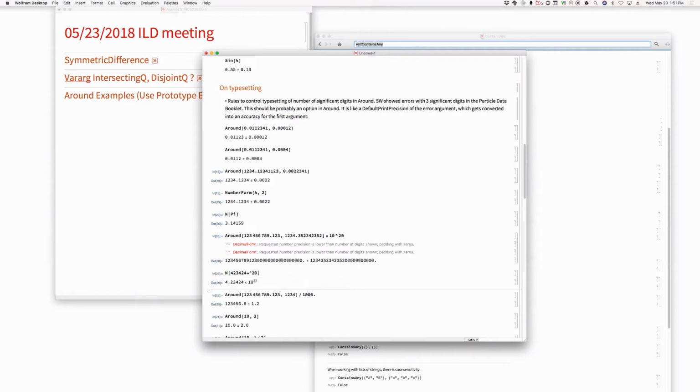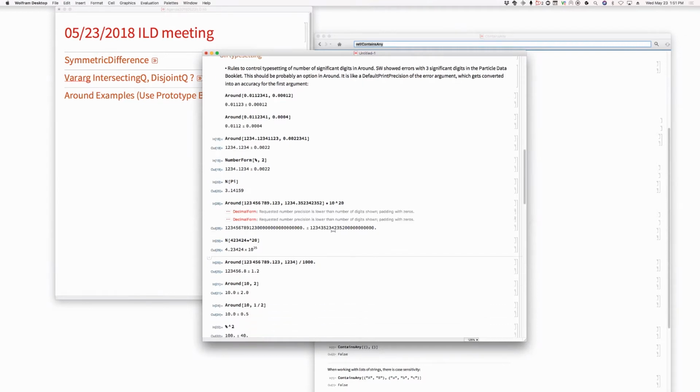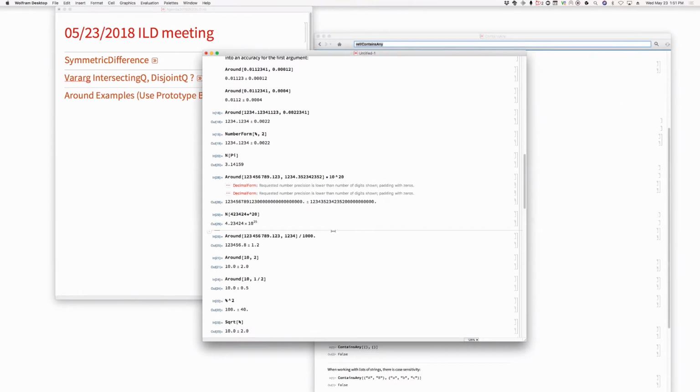The question of whether you go all the way down and never have more than 2 digits to the left of the decimal point in the error is not clear to me. It would be nice to look at examples in the literature. Did you look, like in the particle data table, what do they do? What I see in most cases is the scientific form factorized. Yeah. I'm looking here.